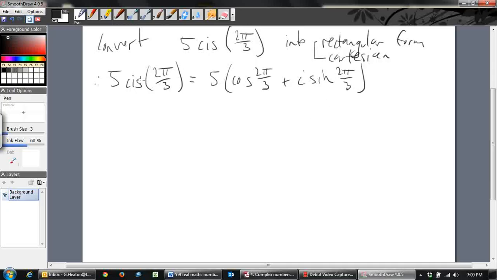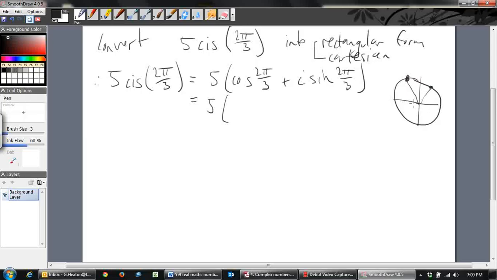Just always remember what cis means. You might get stuck sometimes if you forget. It's a shortcut for this. So this equals 5 times... now, what's cos of 2 pi on 3? Again, I always draw a little circle to help remind me. 2 pi on 3 is up here. It's symmetrical to that.